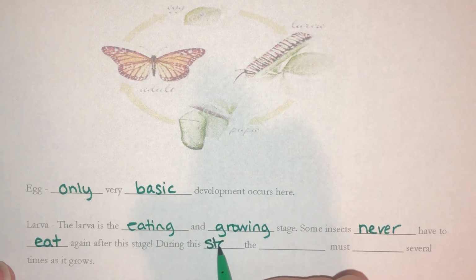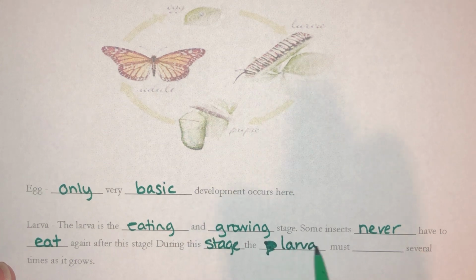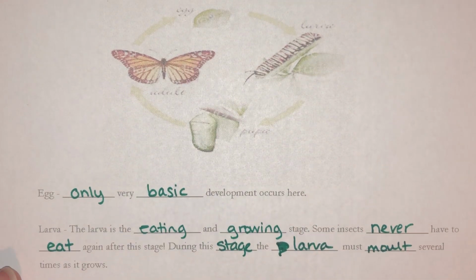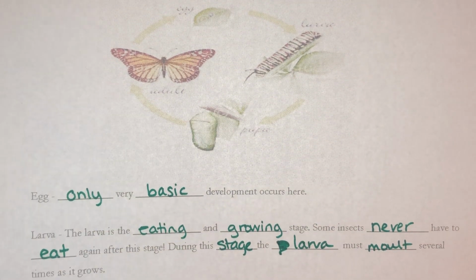During this stage, the larva must molt several times as it grows. After the larva stage, we're going to get the pupa stage.